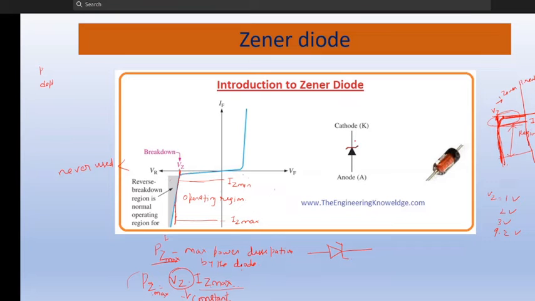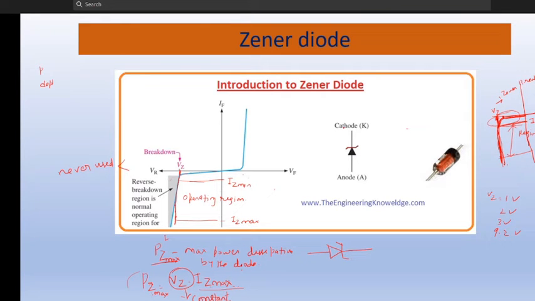This diode operates in the reverse bias region, as compared to the ordinary diode that we have seen, which operates generally in the forward region, and a very small current flows in the reverse bias. But this diode is intentionally designed for that.